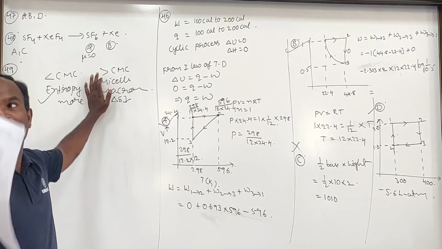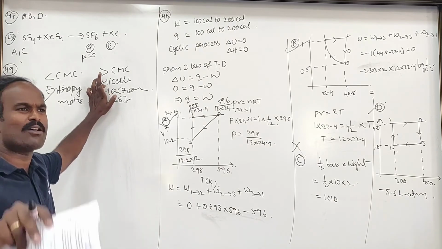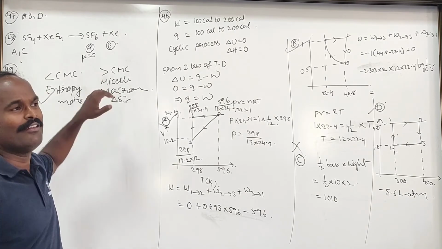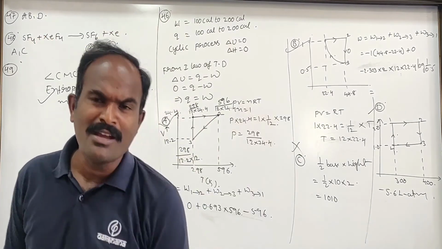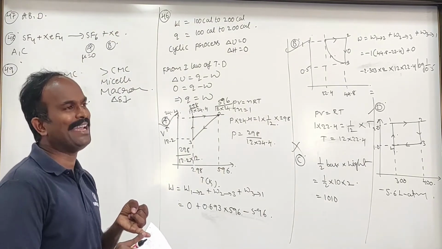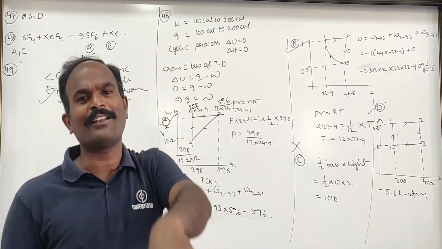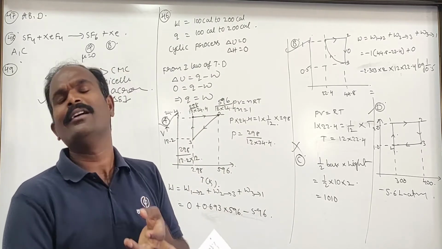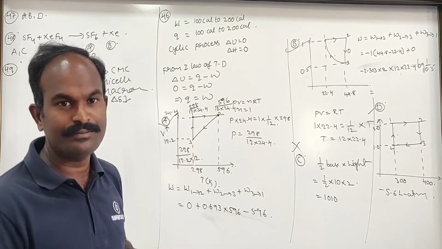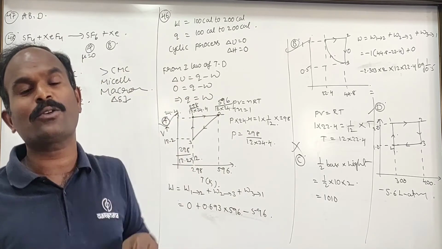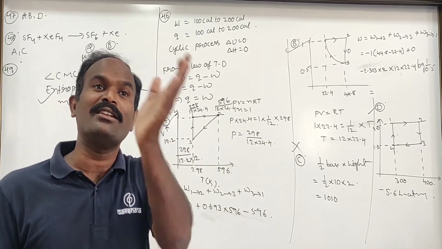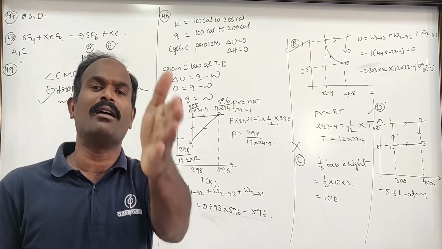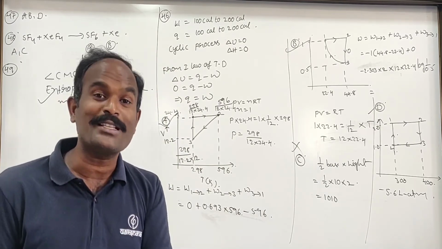Remember this: whenever there is a formation of micelles, there is always a decrease in entropy. There is again a decrease in entropy if gas is adsorbed on the surface of a solid. If gas is dissolved in a liquid, entropy will be decreased. Then in which case is entropy going to be increased?